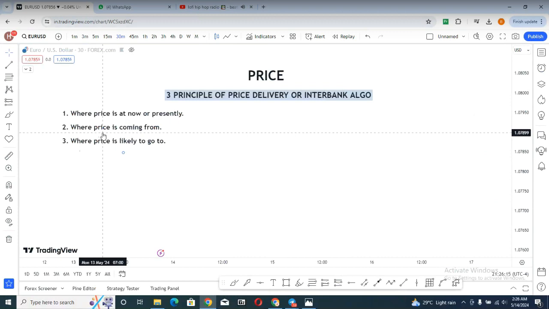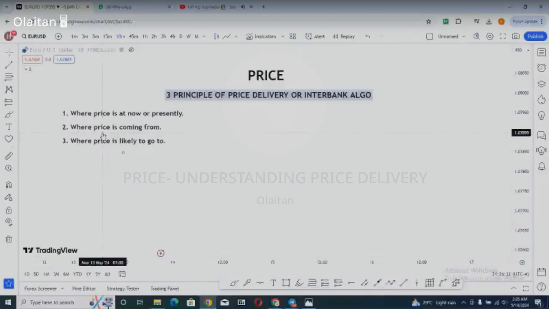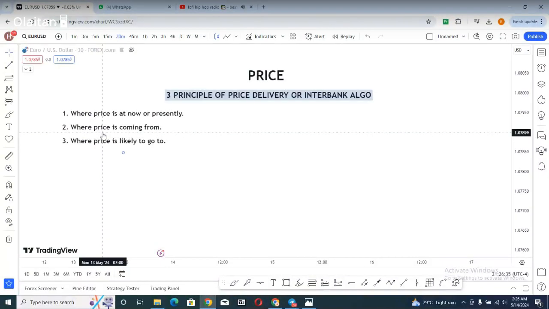If you can understand this, the remaining things you need to learn will be so easy to put together. But if you don't understand the phases of price, it becomes more difficult. You just get to the charts looking for an order block or a fair value gap, not considering the phases of what is going on in the market.